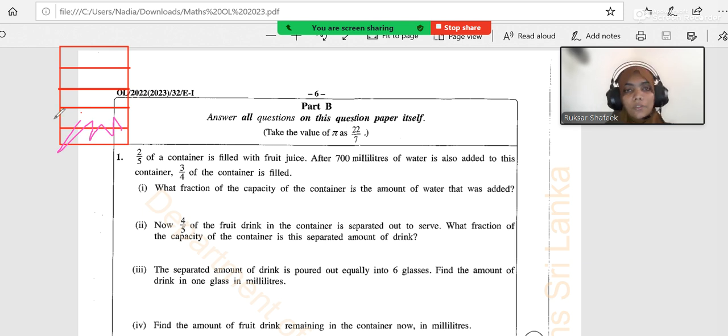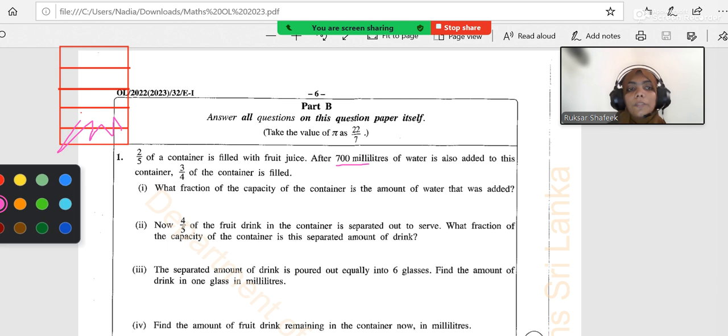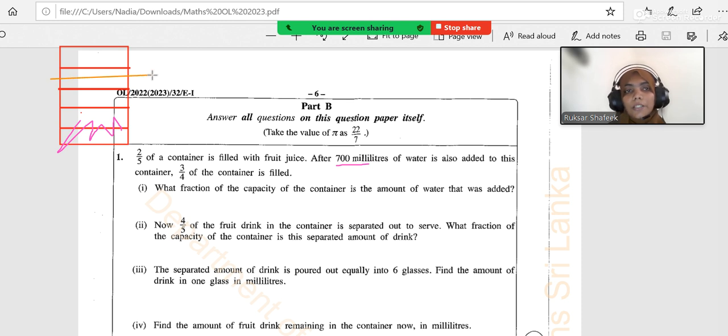And then what are they telling? Now this section is 2/5. After 700 milliliters of water is also added to this container, 3/4 of the container is filled. So, roughly we can say that 3/4 of the container would be somewhere around this point. So let's say this is the whole thing. So 3/4 would be somewhere around this portion over here, more than half and less than a full. So when does that happen?